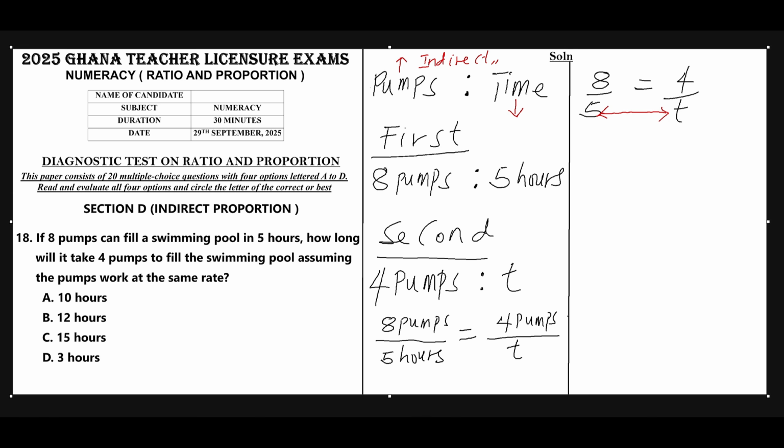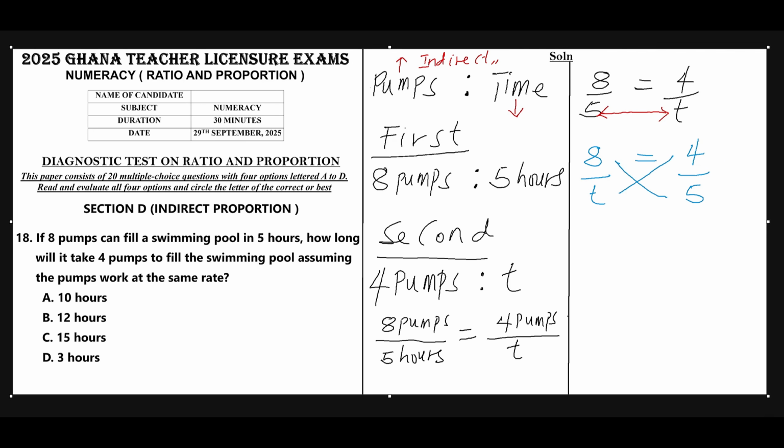So in my case, I am interchanging the time. So we have 8 being equal to 4. So that is for the numerators. But for the denominators, since we are interchanging, we have t on the left and then 5 on the right. Our goal here is to solve for t.